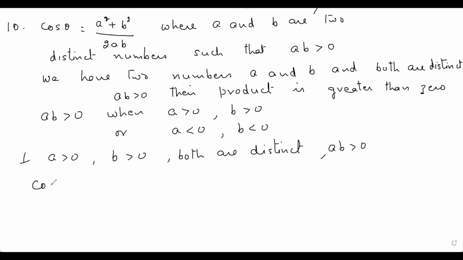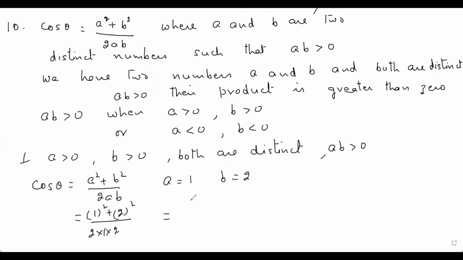Now cos theta is given A square plus B square upon 2AB. We have to prove whether this is a true statement or a false statement. Now let A is 1 and B is 2. Now both these numbers are distinct and their product 1 into 2, 2 is greater than 0. Substitute the value here. 1 square plus 2 square upon 2 into 1 into 2.